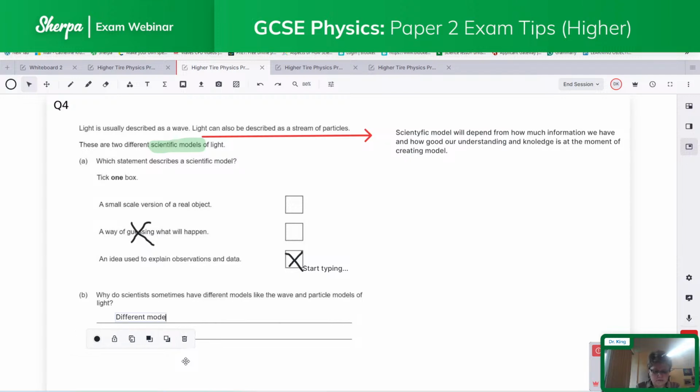Different models may be appropriate in different situations, or one particle model may not be able to explain everything.